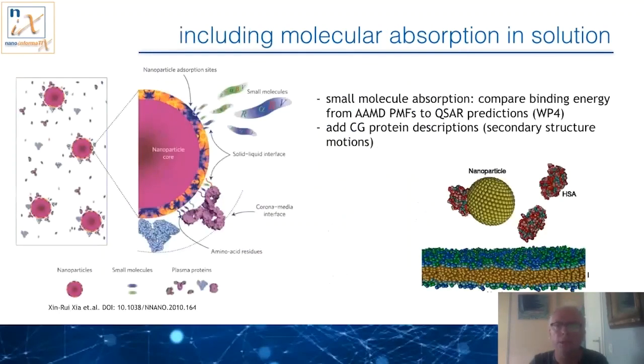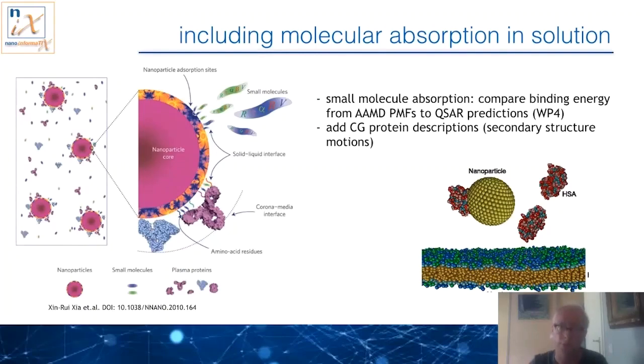Okay, the next things that we are doing and planning to do is to also look at small molecule absorption, and we compare the binding energies from the all atom molecular dynamics PMFs, the potentials of mean force that we calculated, quite similar to the nanoparticle membrane interactions. And we use those predictions or these calculations to compare to QSAR predictions.